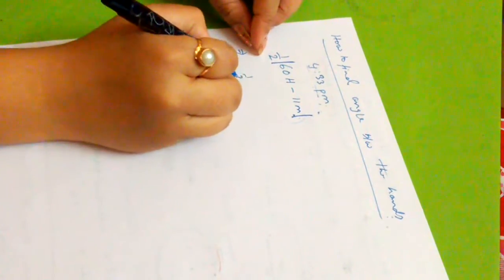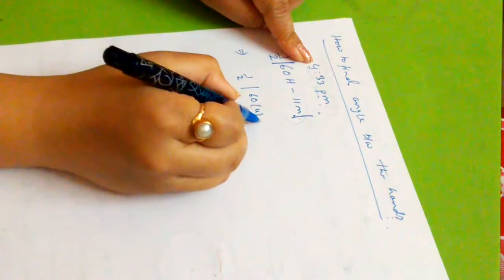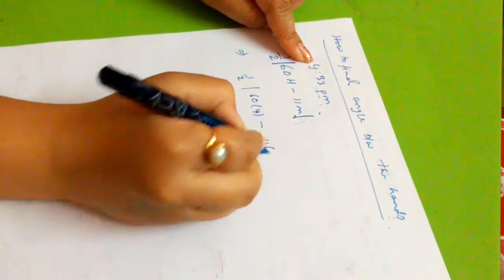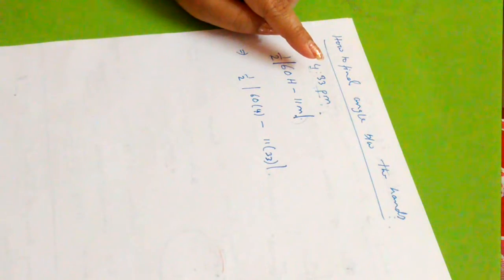Now let's solve it. So 60 into 4 minus 11 into 33, right?